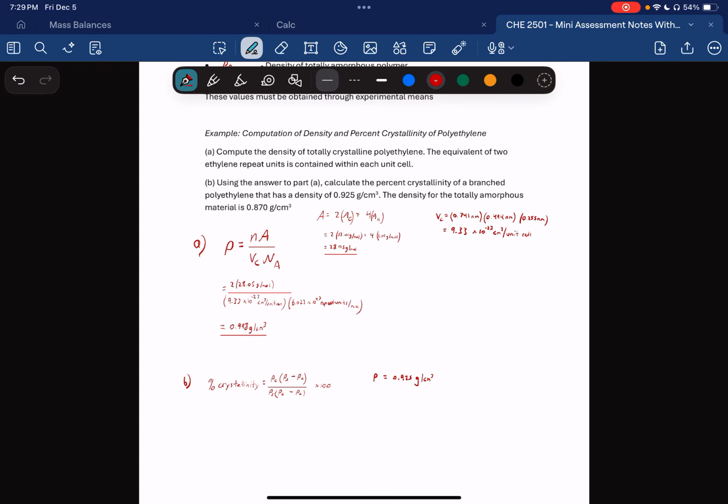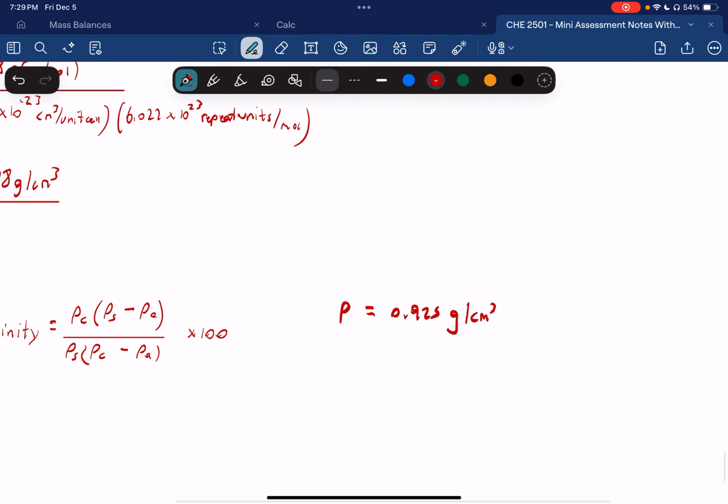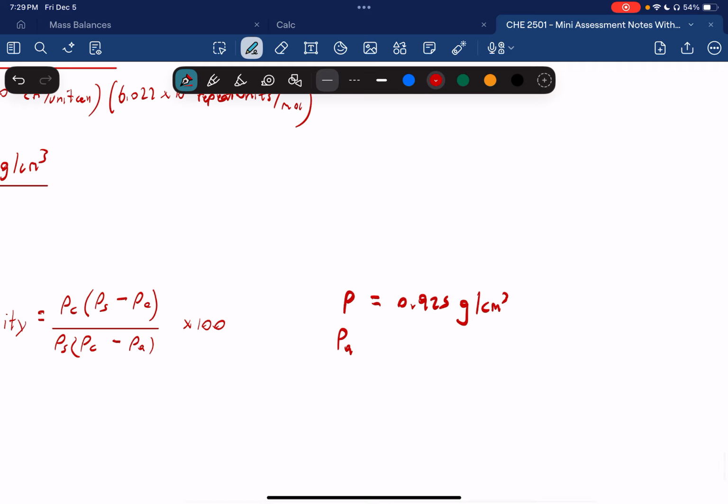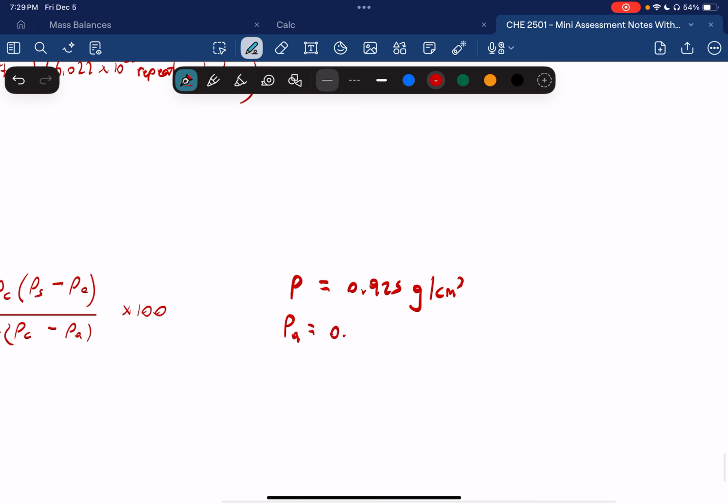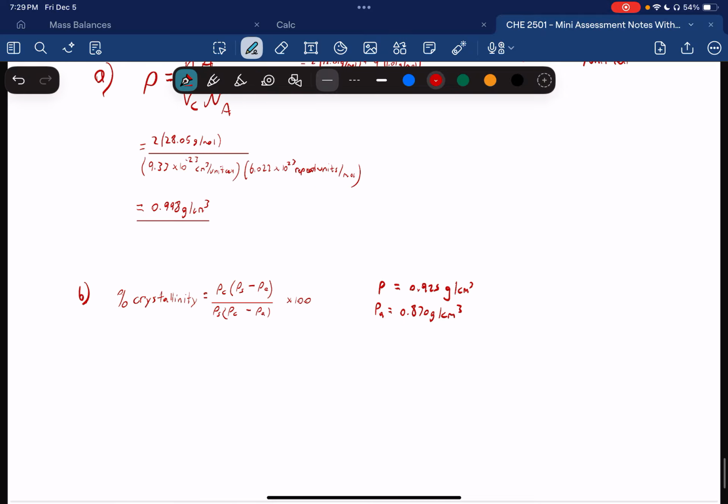The density of the totally amorphous material it gives us too, so PA equals 0.870. And this is really just a matter of plugging the values in.